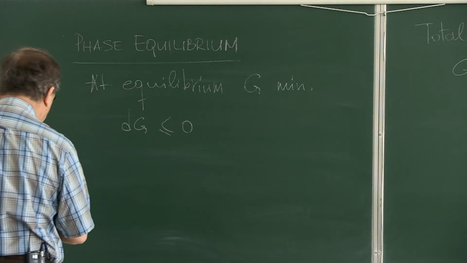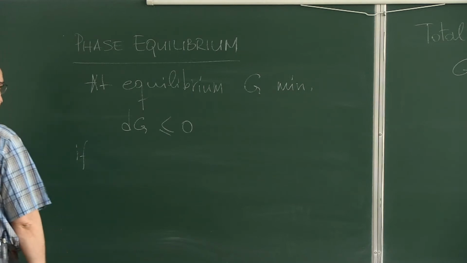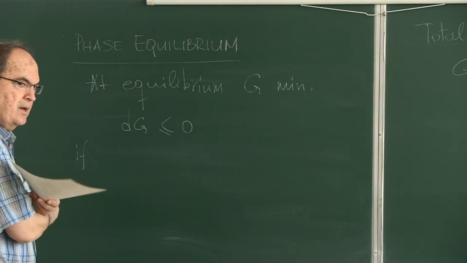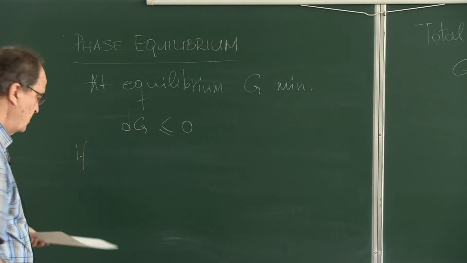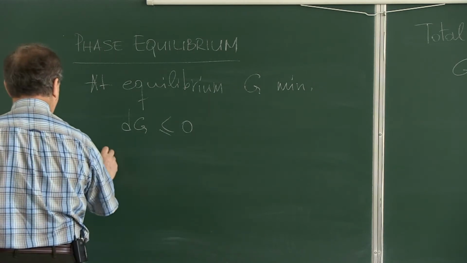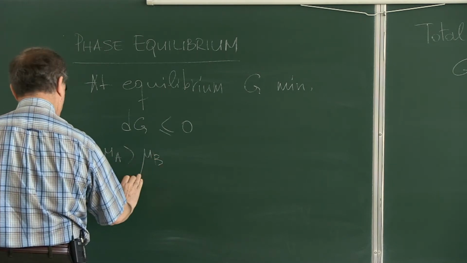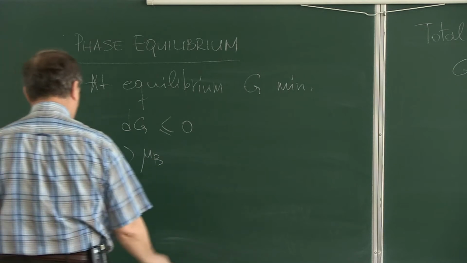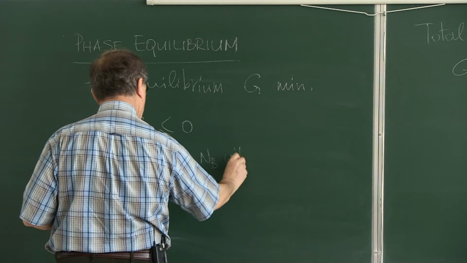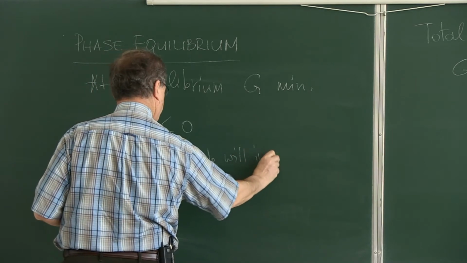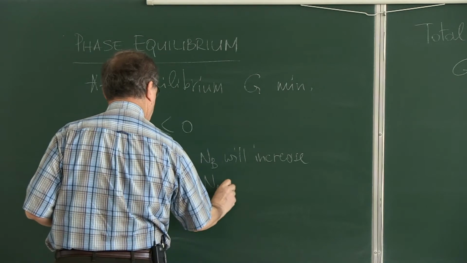So that gives us a condition depending on mu A or mu B, which one is bigger. If mu A is bigger than mu B, of course, NB will increase and NA will decrease.